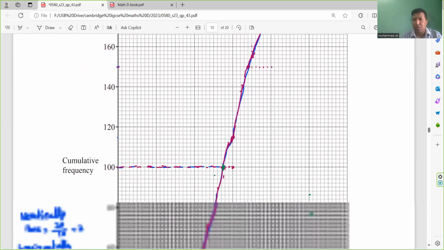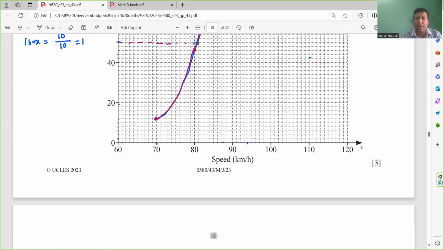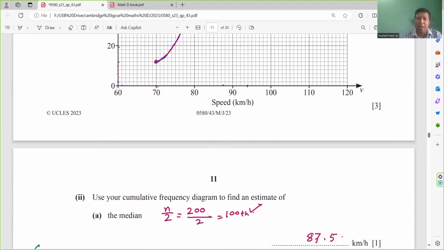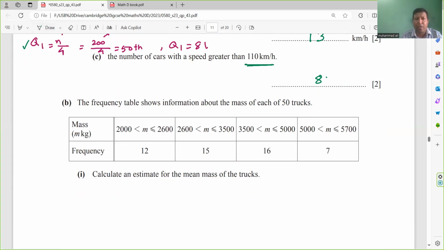That means this is 2, 6, 8. Total 8 cars are greater than or equal to 110 kilometer per hour. So we write here 8 cars. Okay, so this question is completed.